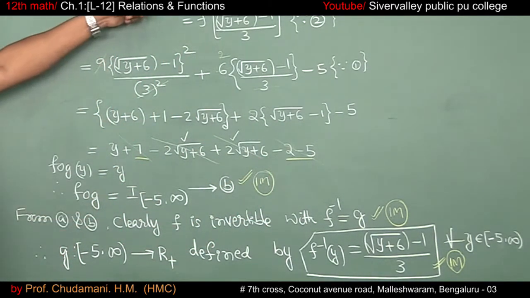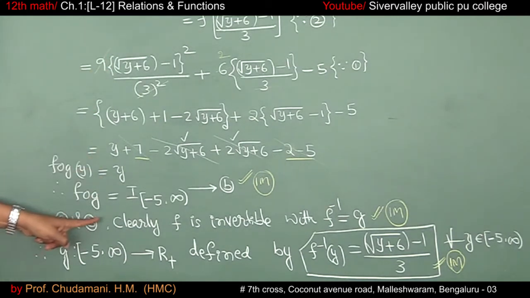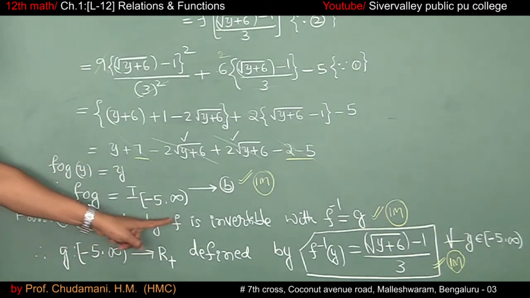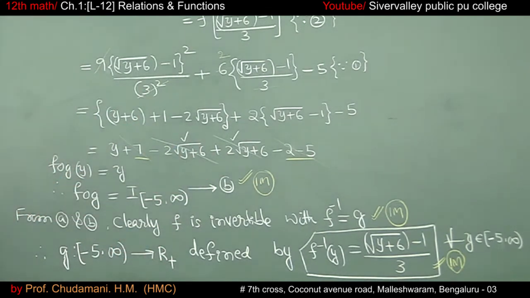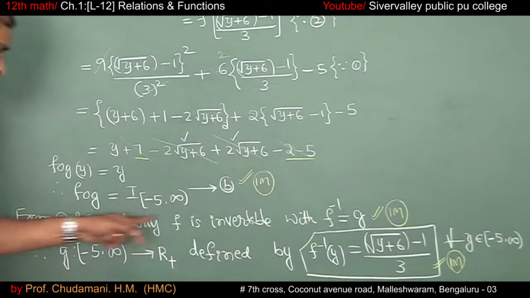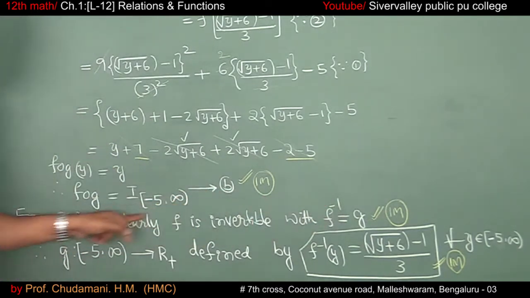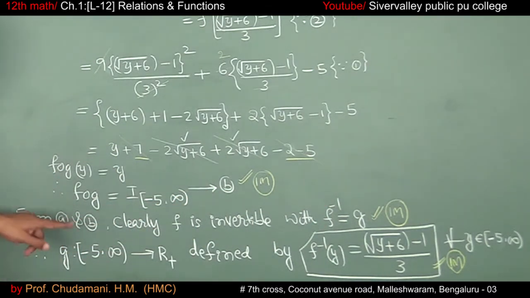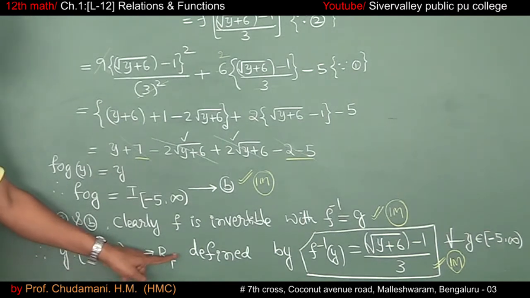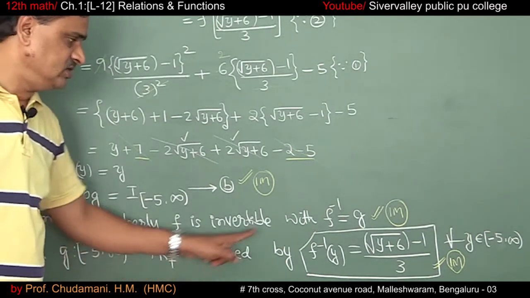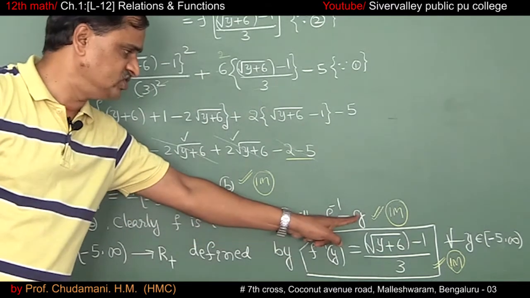So now conclude. From A and B, clearly f is invertible with f inverse equal to g. You get one more mark for this conclusion. Another mark: we have assumed g from B to A, minus 5 comma infinity to the set of positive real numbers, defined by g, f inverse of y equals g of y.